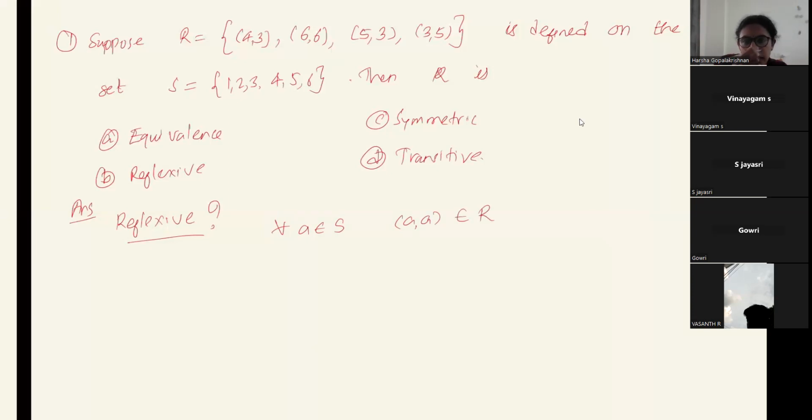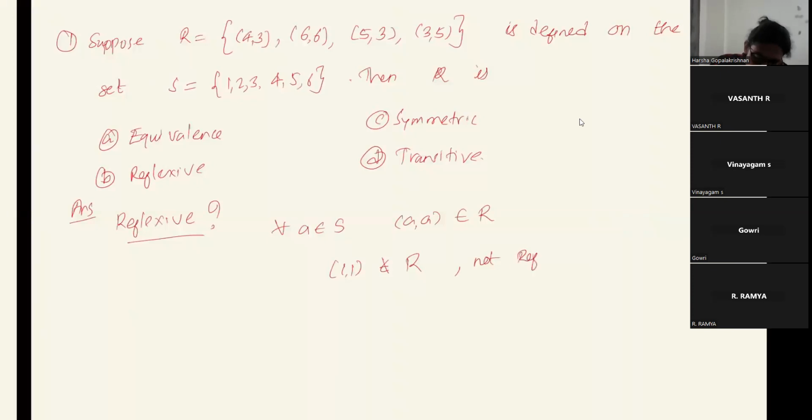For example, we can take any element, 1, 2, 3. 1, 1 does not belong to R. In the same way, 2, 2 does not belong to R. So this kind of elements are not in R, which means it is not reflexive. Clear?